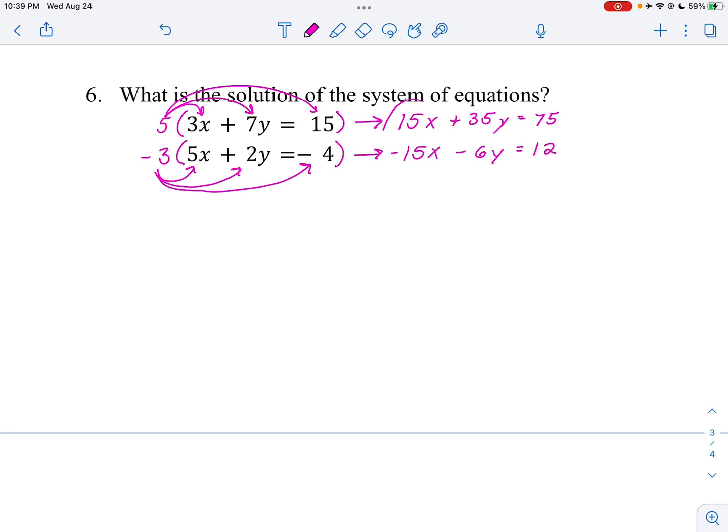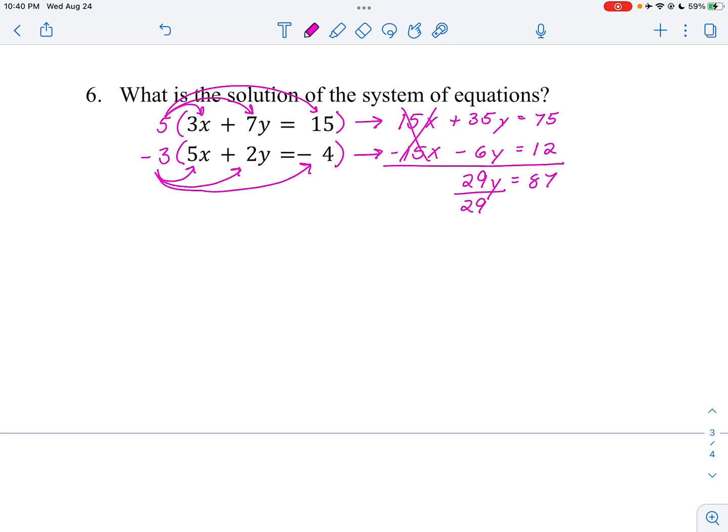So now, because I have this 0 pair, those are now ready to cancel, we call it a 0 pair, then I can go ahead and combine my equations. My 15x's are gone, and then I can combine the y's. So if I do 35 minus 6, that's going to give me 29y, and then equals 75 plus 12 should give me 87.